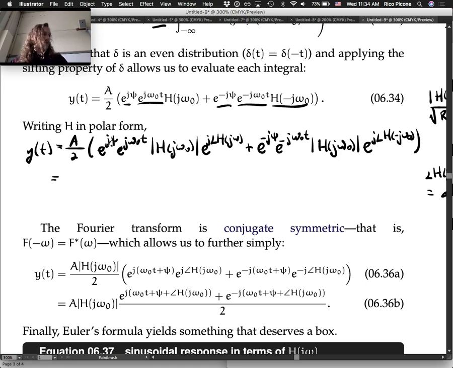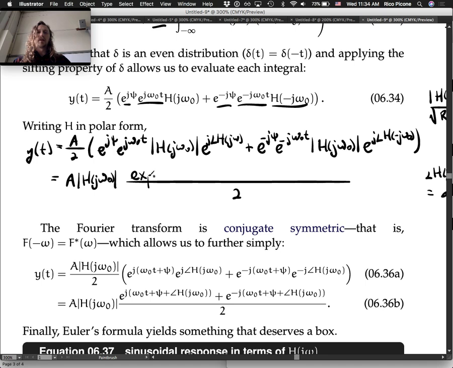So we can rewrite this, and now I'm going to factor out the magnitude of h of j omega. So now we're going to start getting simpler looking. And now we're going to multiply this by a fraction, and it's not going to be obvious at first why I put the 2 under this, but it'll become clear. So we're left with one big exponential. I'm going to write exp because there's so much in the exponent that I don't really want to write it up in a little superscript.